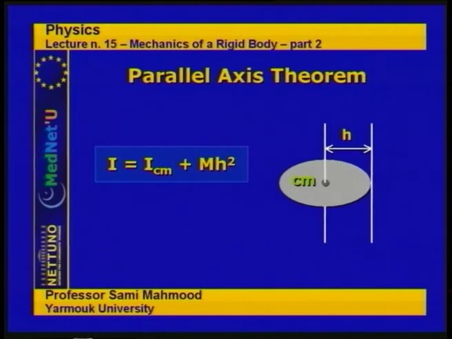For example, if we have a spherical shape, a sphere, then any axis through the center of the sphere would give exactly the same moment of inertia I_cm. So it's the same for a sphere. However, if we have a disk, if the axis of rotation is perpendicular to the plane of the disk, then we have a given I_cm1, for example.